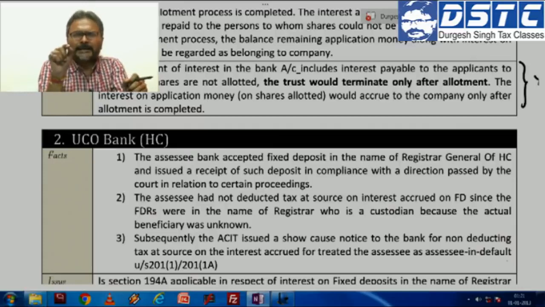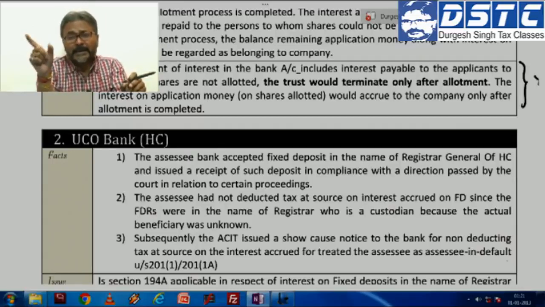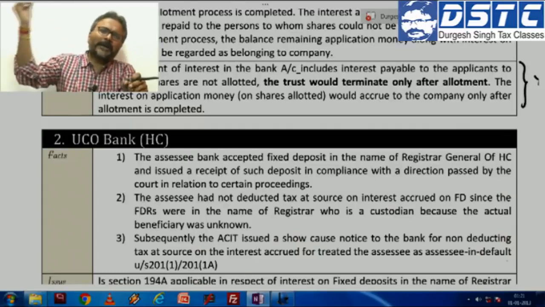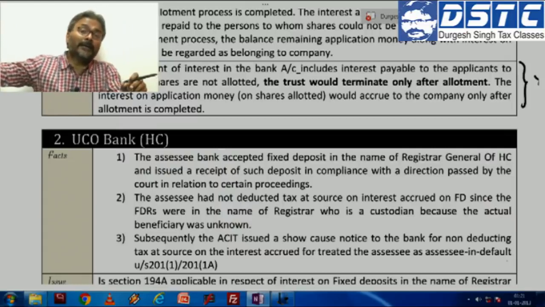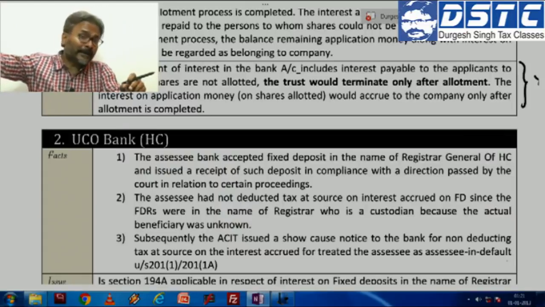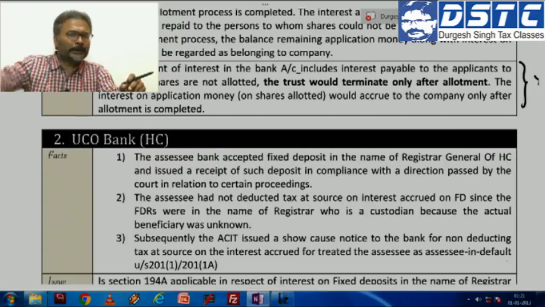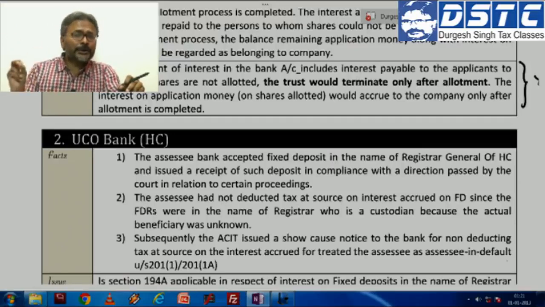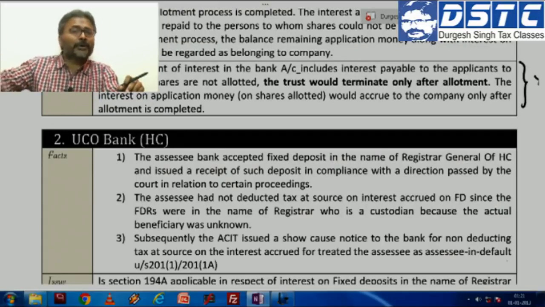Pending that judgment, the court directed to deposit that money in the name of the Registrar General of the High Court. Once the decision was given and the person rightfully entitled to receive that amount was decided by the court, at that point of time the money would be given to that person. But till the judgment comes, the court directed that the money be kept in the account of the Registrar General of the High Court.